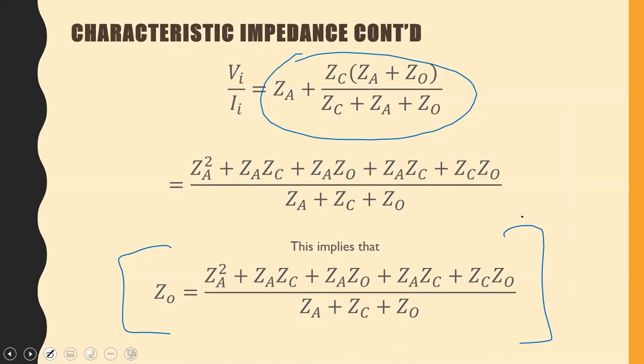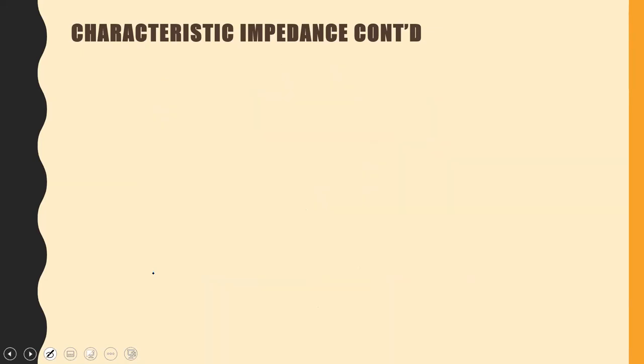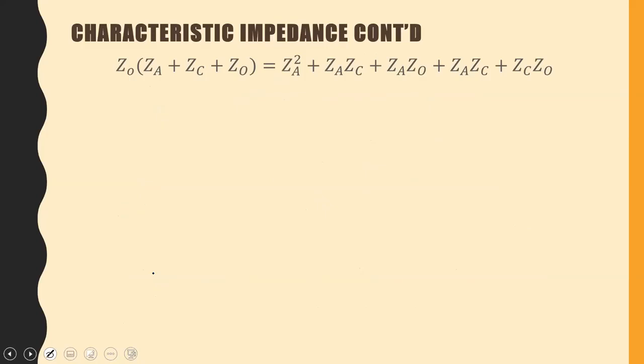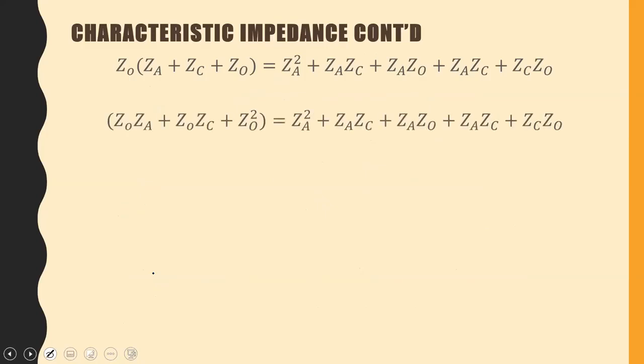So it makes sense, we can now cross multiply and start simplifying. If I cross multiply, I get that. And then all I want to do is get Z0 on the left-hand side.